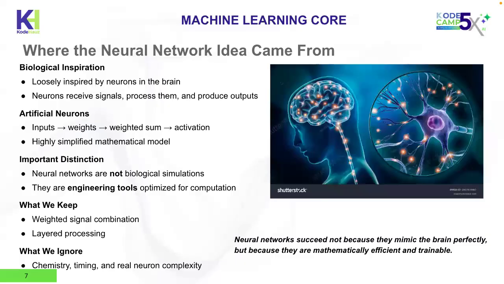But the one thing we always want to let people know is that when we say neural network, it is not a simulation of the biological neural network. We are not trying to exactly copy it, but kind of borrowing ideas from it.